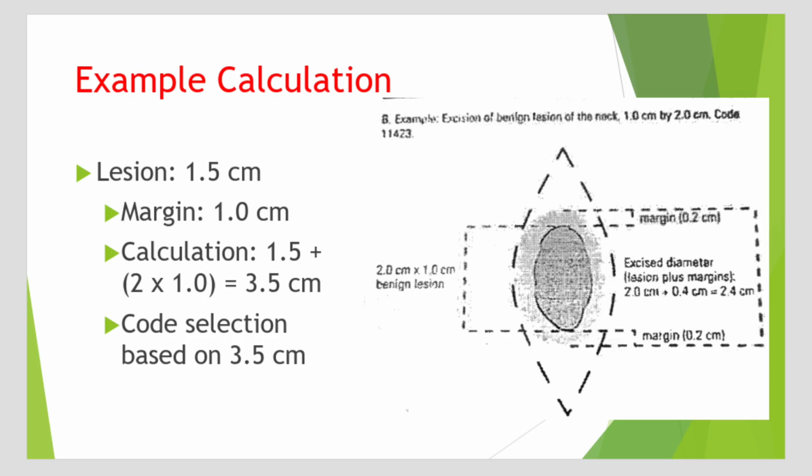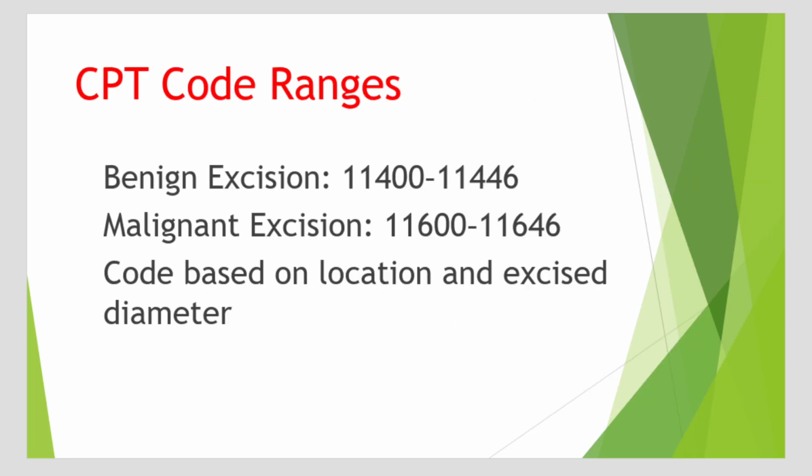So 1.5 centimeter plus 2 centimeter is equal to 3.5 centimeter. That is our excised diameter. So you will code based on 3.5 centimeter, not 1.5 centimeter. Okay. I hope you're clear now.